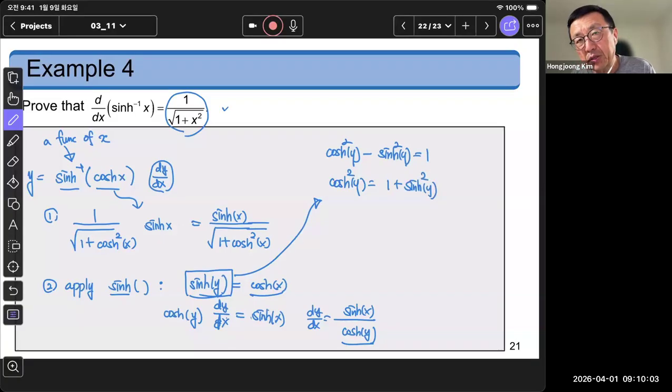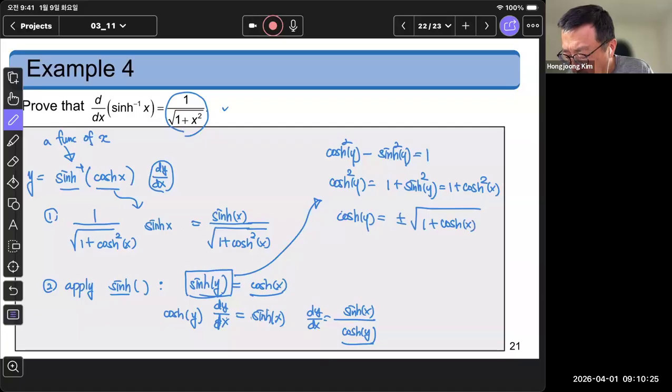And since hyperbolic sine of y is hyperbolic cosine of x, we have this expression. And so hyperbolic cosine of y will be plus or minus square root of 1 plus hyperbolic cosine of x squared. Now please remember that hyperbolic cosine of y is always non-negative. Actually, hyperbolic cosine of y for any y value is greater than or equal to 1.